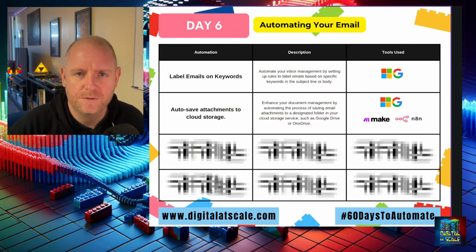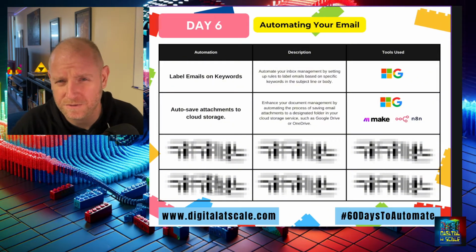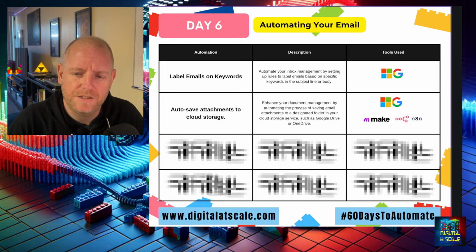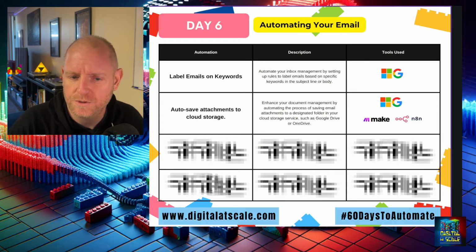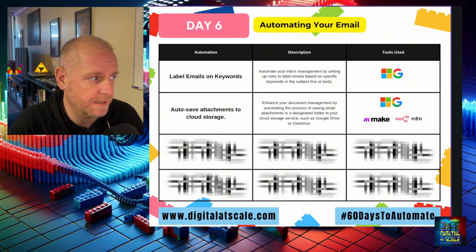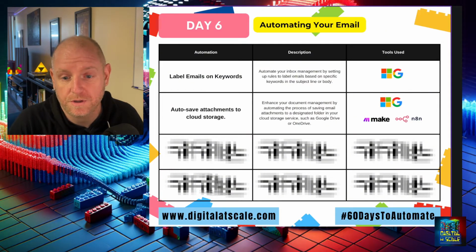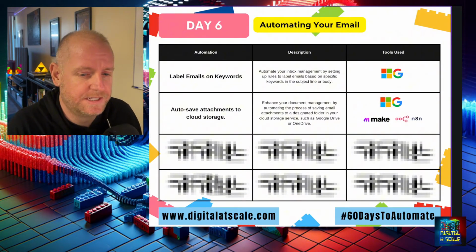Some of these tools have the ability to automatically save to a particular folder, but what we're going to do is set up a scenario and an automation in N8N to say that anything that comes through with an attachment in the invoices folder, I want to store in a folder on my Google Drive or as a document in my SharePoint in Microsoft. So we'll learn how to do all that together. That's what we're going to do next: auto-saving attachments to cloud storage.